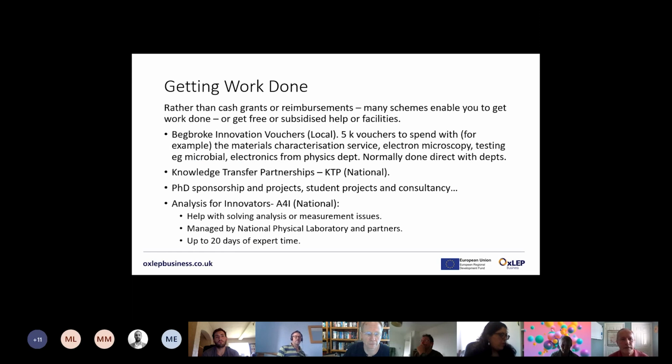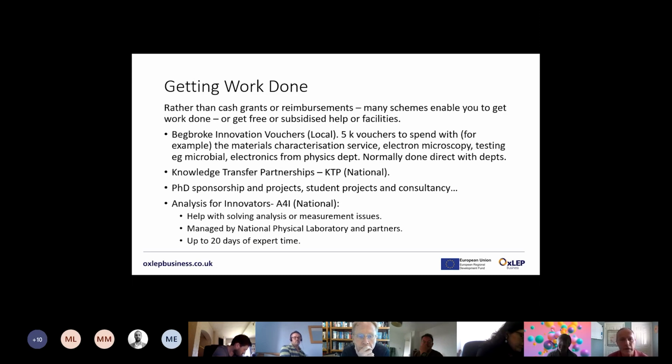Now, I said right at the beginning that as well as cash, what about getting work done? And here's an example of where you are able to get technical work done, to do with materials and other forms of analysis and testing by a local centre of expertise.